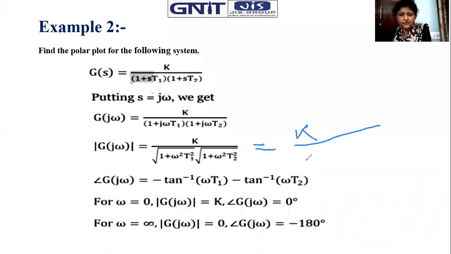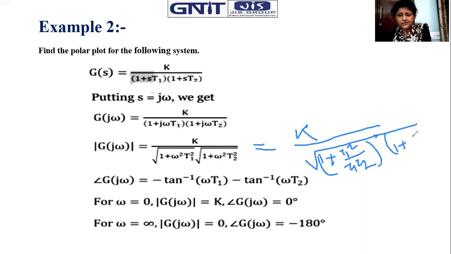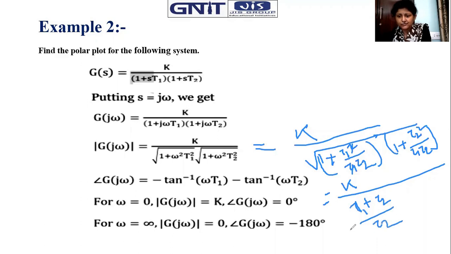So k divided by root under 1 plus 1 by tau 1 tau 2, which means it will become tau 1 square divided by tau 1 tau 2, and here it is 1 plus tau 2 square divided by tau 1 tau 2, right? So what we are getting here, k divided by, tau 1 cancels, tau 1 plus tau 2 divided by tau 2, root under, and here also multiplying with tau 2, cancel, so we are getting tau 1 tau 2.